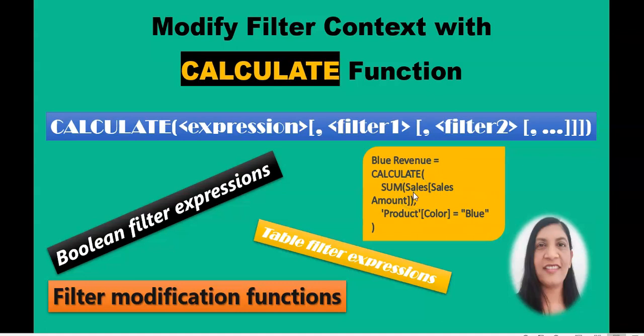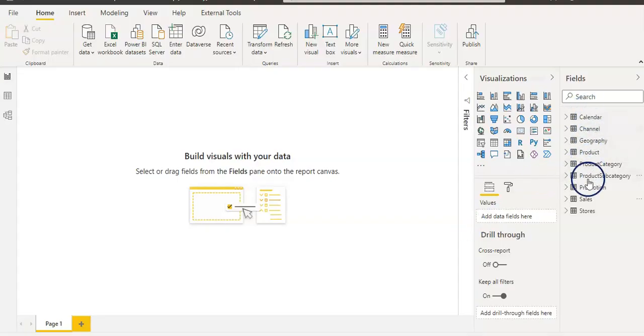Now, in what circumstances do you need to do this? Let's go to Power BI. As you can see, I have a couple of tables here, and for this video we are going to use the channel table, the product table, and of course a sales table for our sales data.